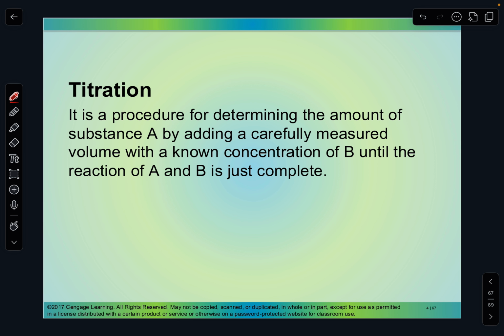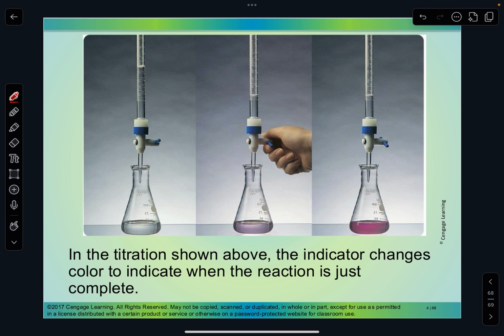This is what we're going to be doing in lab. We can take a look at it right here. Basically, one of these two is going to have an unknown concentration, and the other is going to be known.